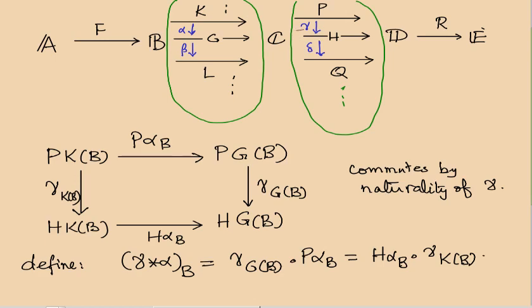Gamma GB composed P alpha B, you see this Z. There is also another Z, H alpha B composed gamma KB.